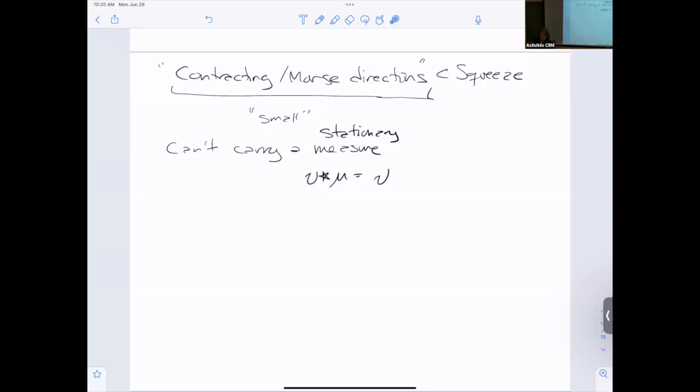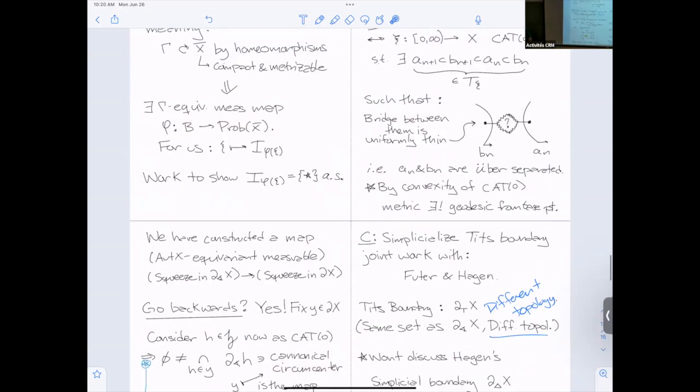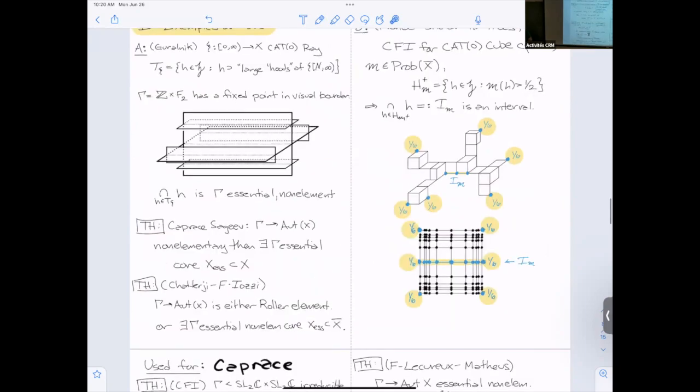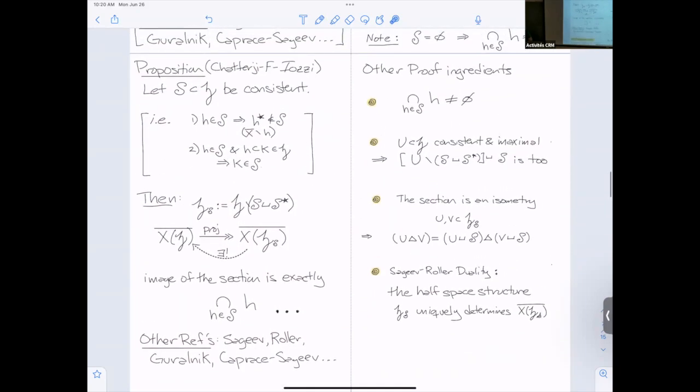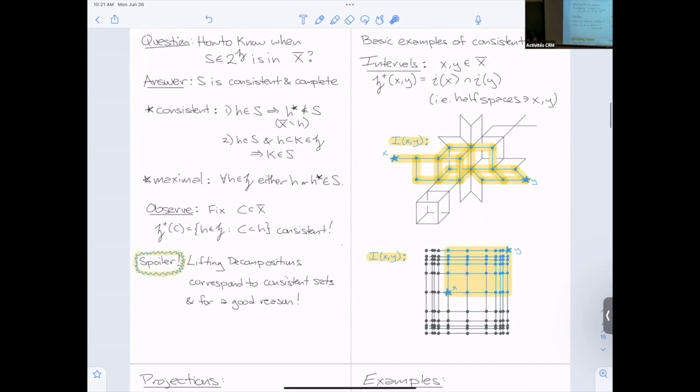Question: Going back to something you said, you said you had to take closures. What's an example of something where you had to take closures? I think you're referring to a comment I made here.